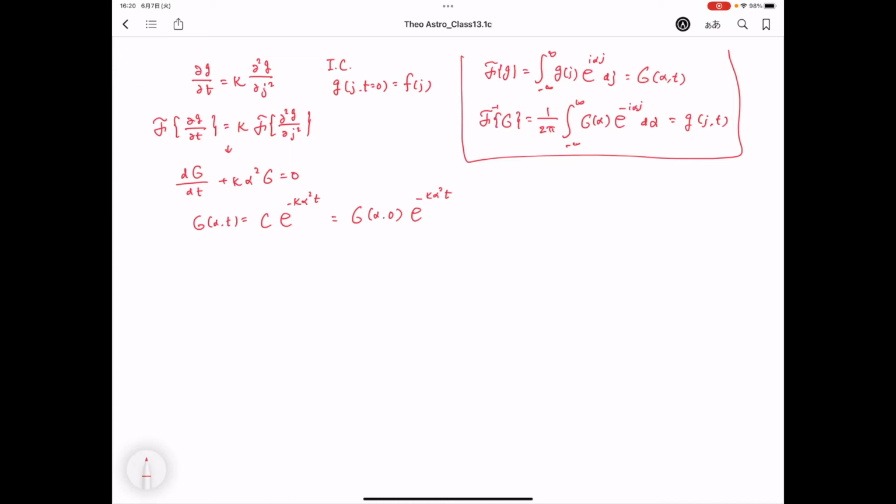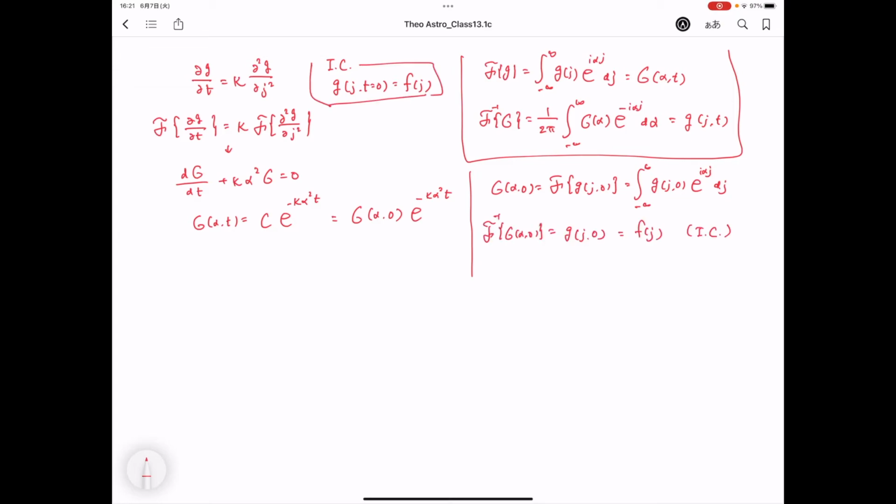To find G(α, 0), you can perform the Fourier transform. Then the inverse Fourier transform of the exponential of minus κ t α² becomes 1 over 2 square root of π κ t times exponential of minus J² over 4 κ t.